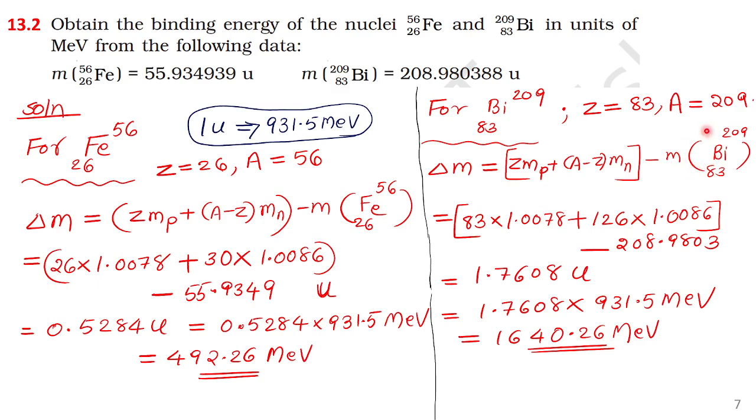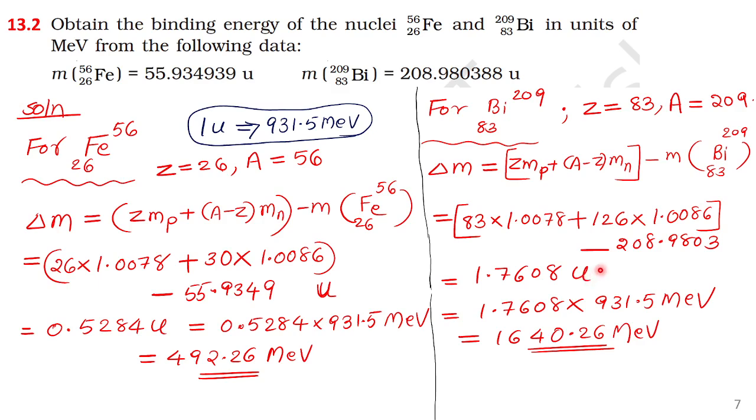Minus the mass of the bismuth nucleus, which is given in the problem. Write it. Everything is in atomic mass unit. After doing the calculation, you will get 1.7608 u.